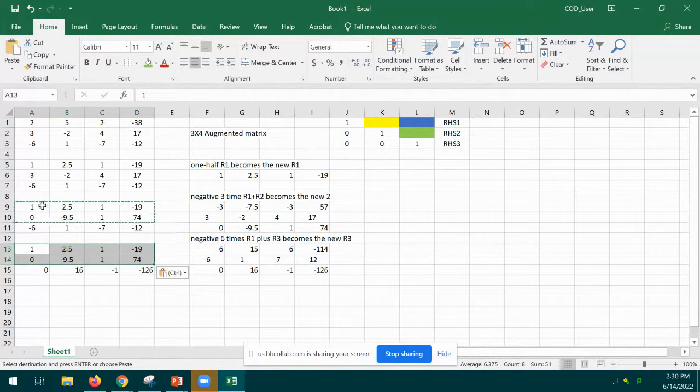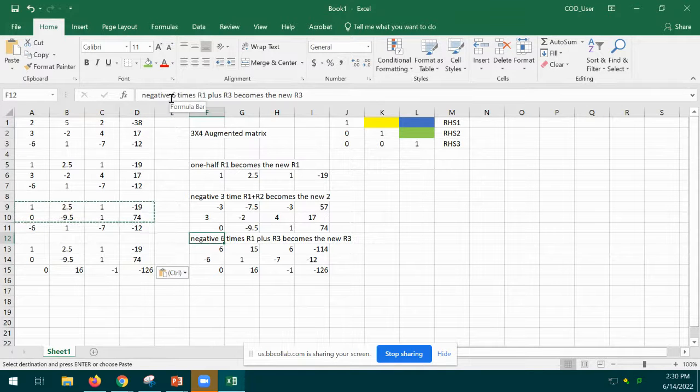Okay, so now what I need to do is make that into a 0. And the way to make that into a 0 is to take 6 times, oh, I should have said 6 times row 1, not -6. I think you're right. I'm going to change this. This is just going to be 6 times row 1, and I'm just doing that by erasing this.